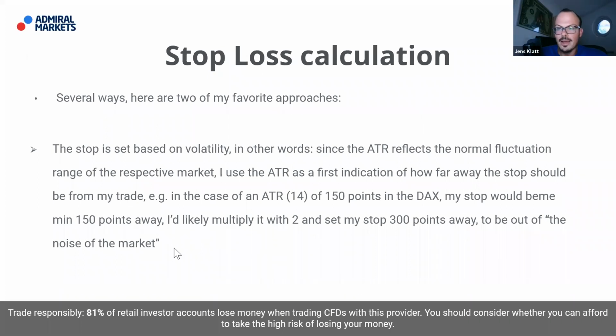And most likely, in most of the cases, I'd also like to multiply it by 2 and set my stop, for example, 300 points away, if it's a trade based on a daily basis, to make sure that I'm out of the noise of the market.